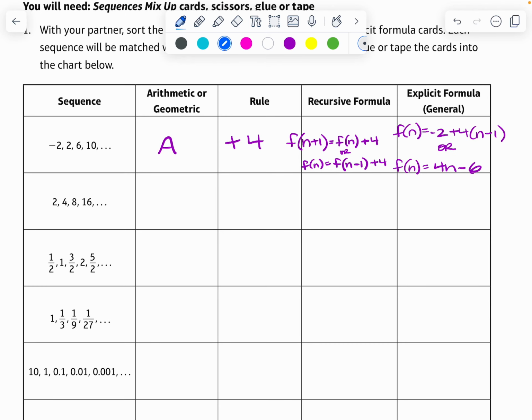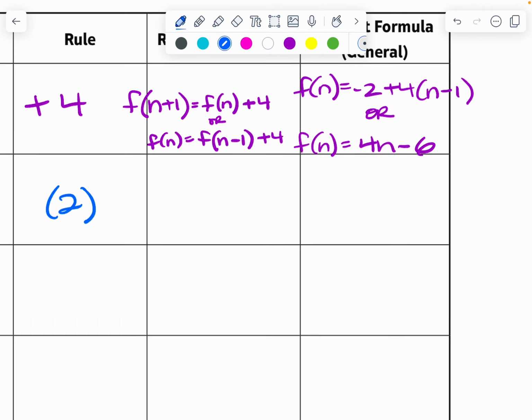The next one is going up. It looks like it is doubling, so multiplying by 2. If it's multiplying by 2, that's geometric. It's multiplying. So I like to start with explicit. It's a little easier.